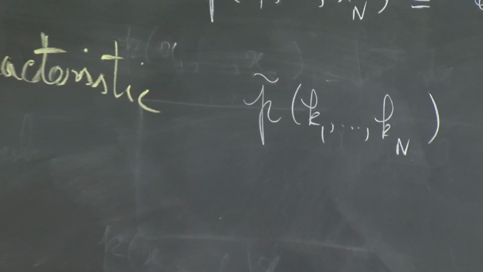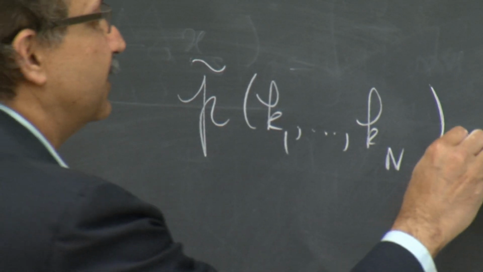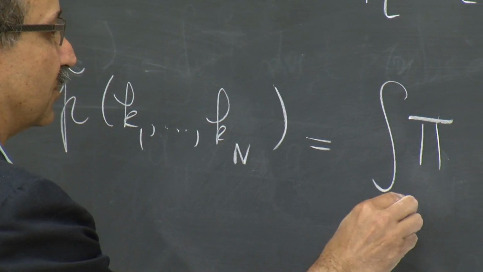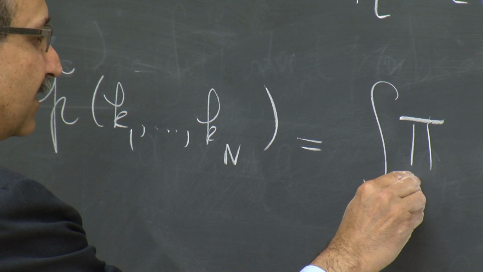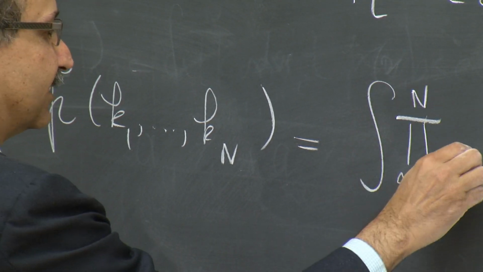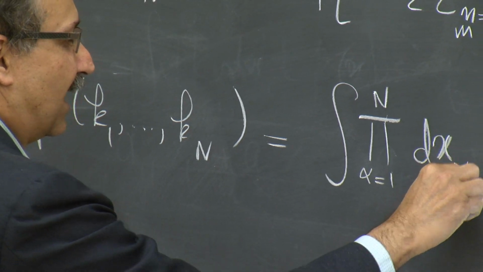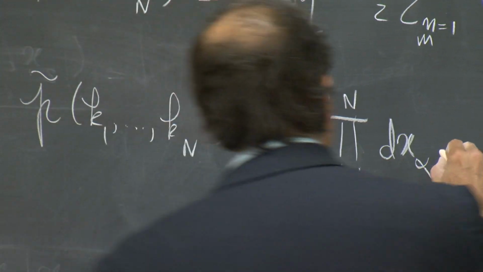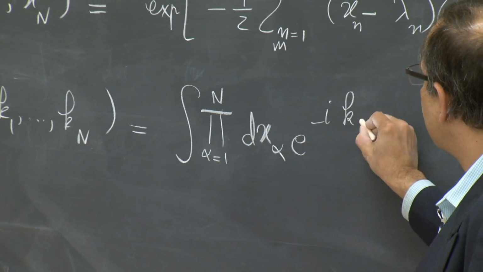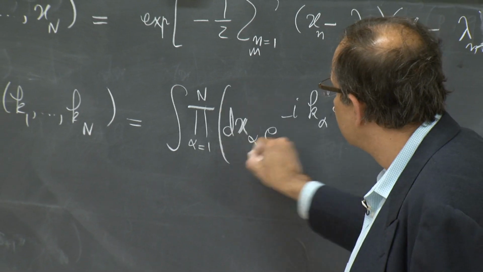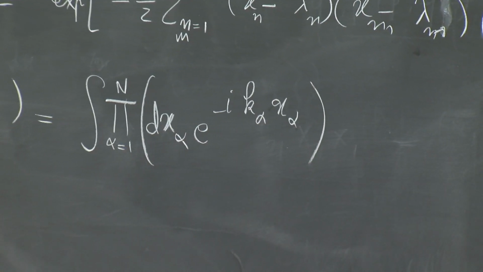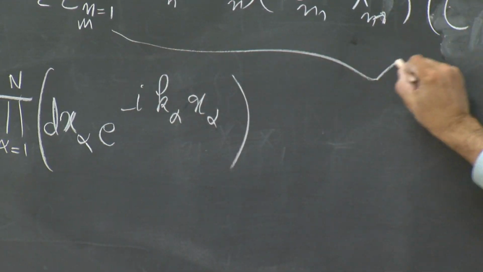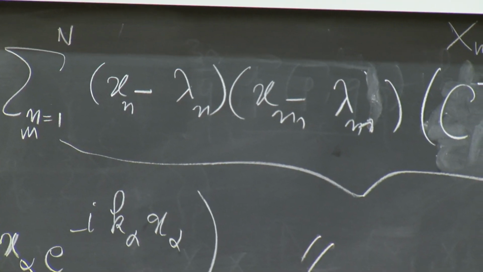I have to take this probability and do an integration, the product over alpha running from 1 to n of dx alpha of e to the minus i k alpha x alpha. This product exists for all values. Then I have to multiply with the probability that I have up there.